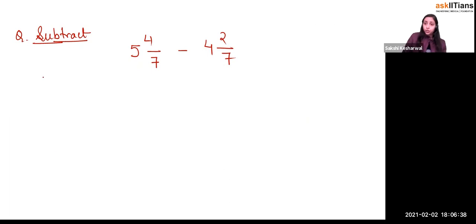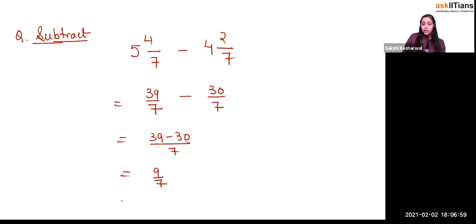So first convert into improper form. 7 into 5 is 35, 35 plus 4 is 39. Then 7 into 4 is 28, 28 plus 2 is 30, so 30 divided by 7. So this is 39 minus 30 divided by 7, which is 9 by 7. Then again, you have to give the answer in the mixed form. So it is 1 whole 2 by 7, your answer, right?